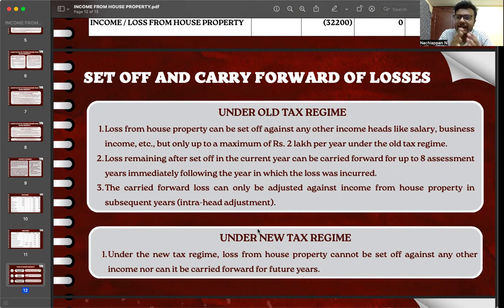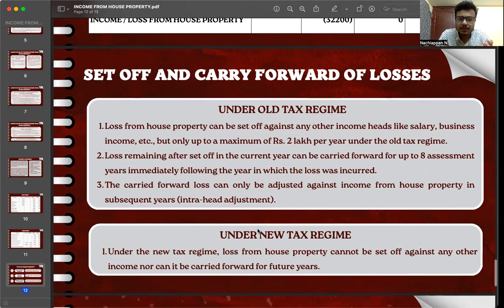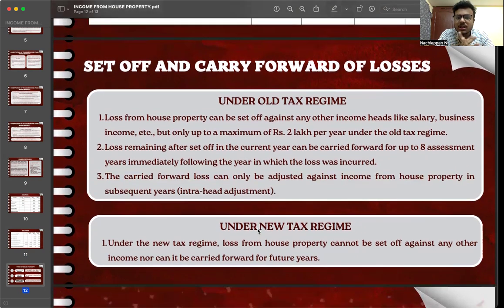So it can only be an intra-head adjustment. You can't use the carried forward losses to reduce income from other sources like salary or profits from businesses. Under the new tax regime, there is no provision where you can set off the losses against other income or carry forward your loss to future years. The new tax regime doesn't allow that.